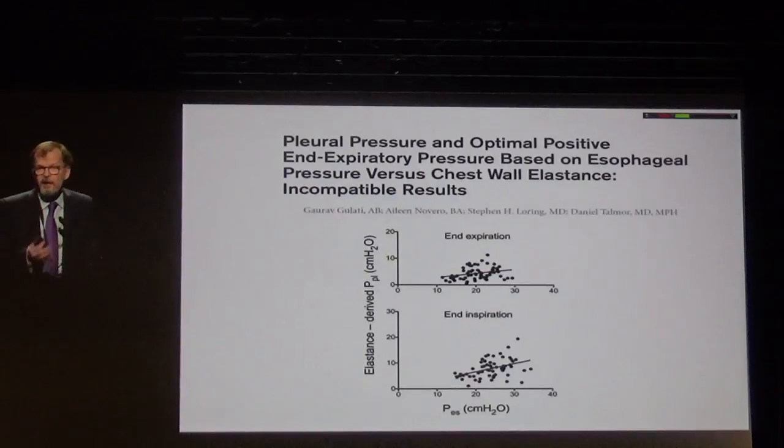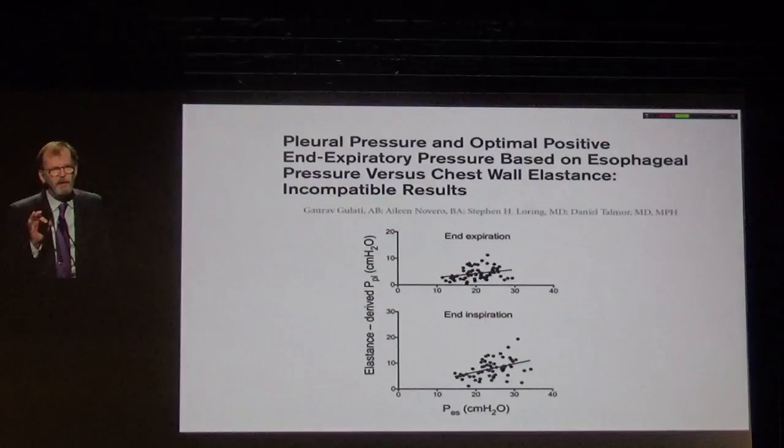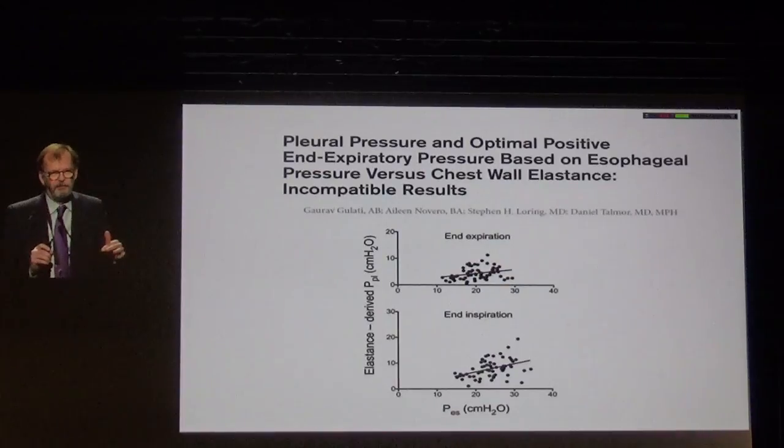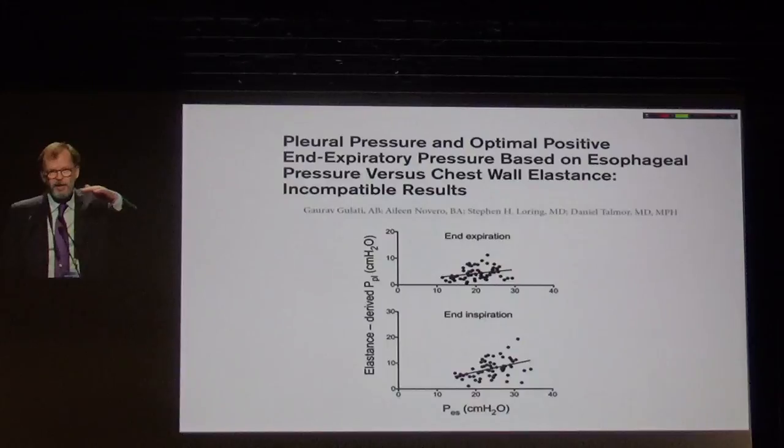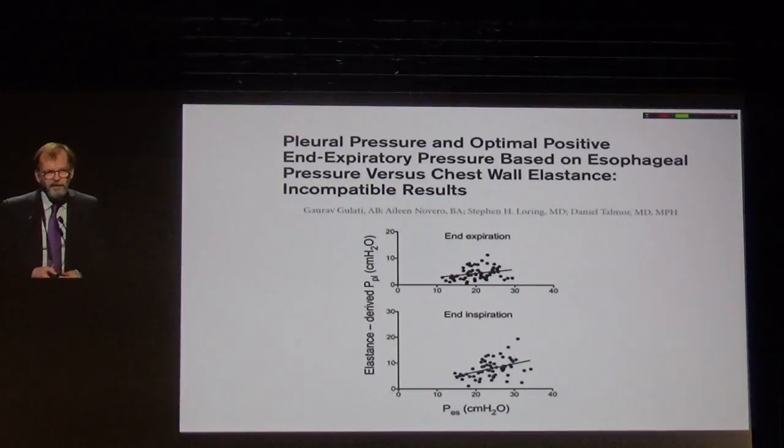I think the simple explanation, and this was already alluded to by Antonio, is that there is not one pleural pressure, there is a gradient. So we saw that the esophageal pressure measures the pressure at mid-chest. What does this ratio measure?